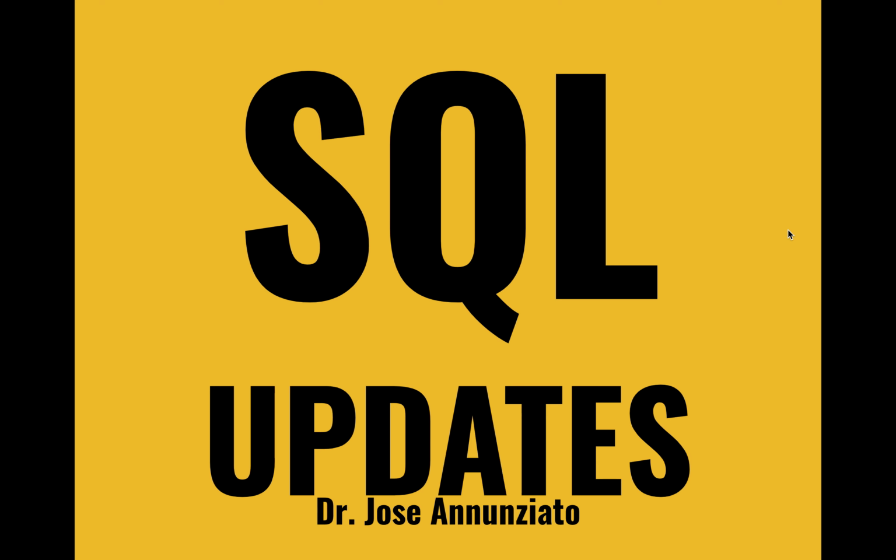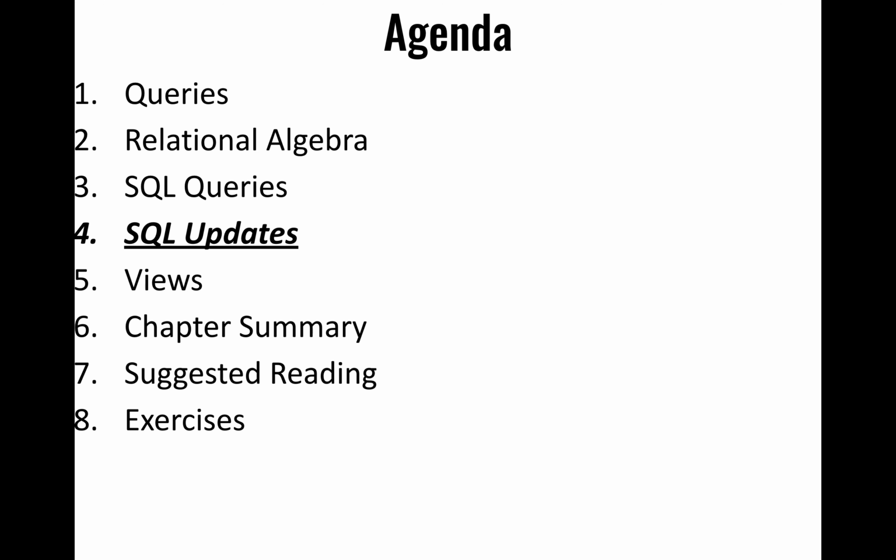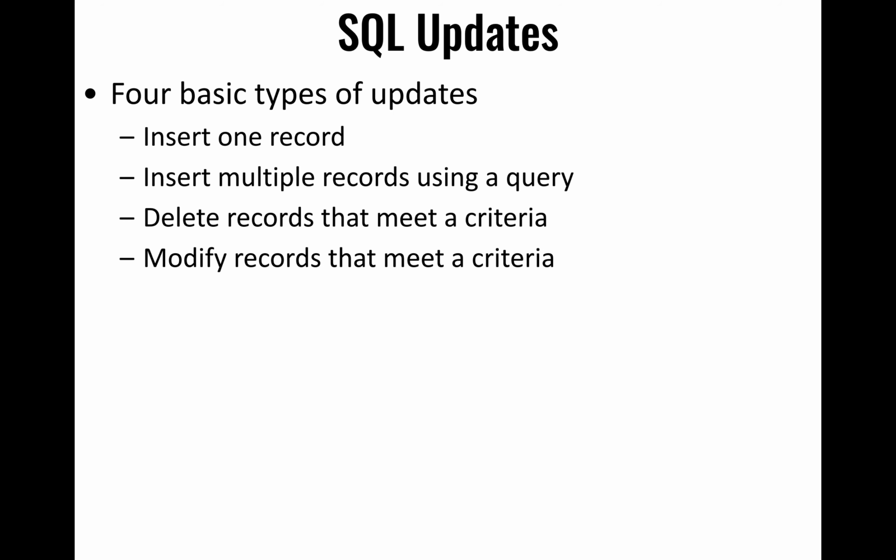Up to this point, we've been talking mostly about retrieving data. I've been able to do all the select statements and filter with where clauses and do projections with all the different fields and aggregates and whatnot. So let's shift a little bit up to updates. There's a couple of types of updates.